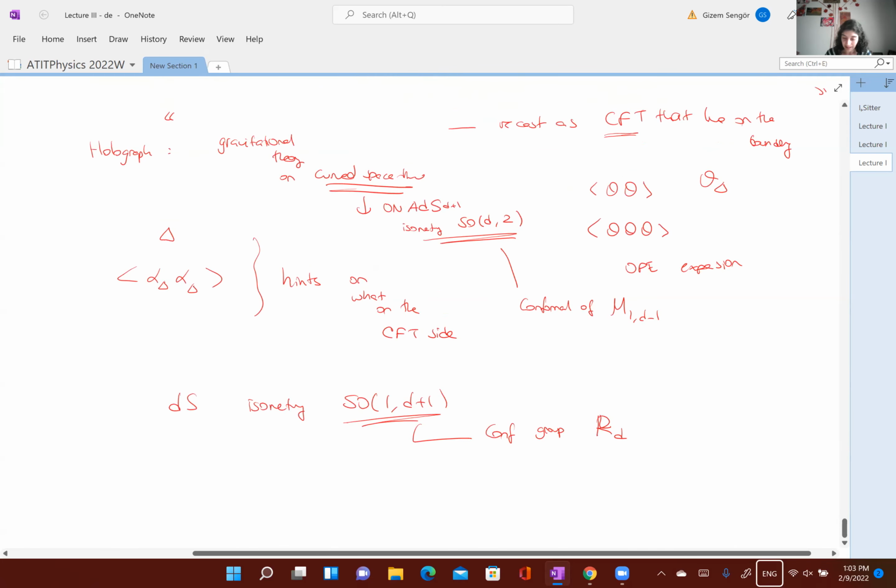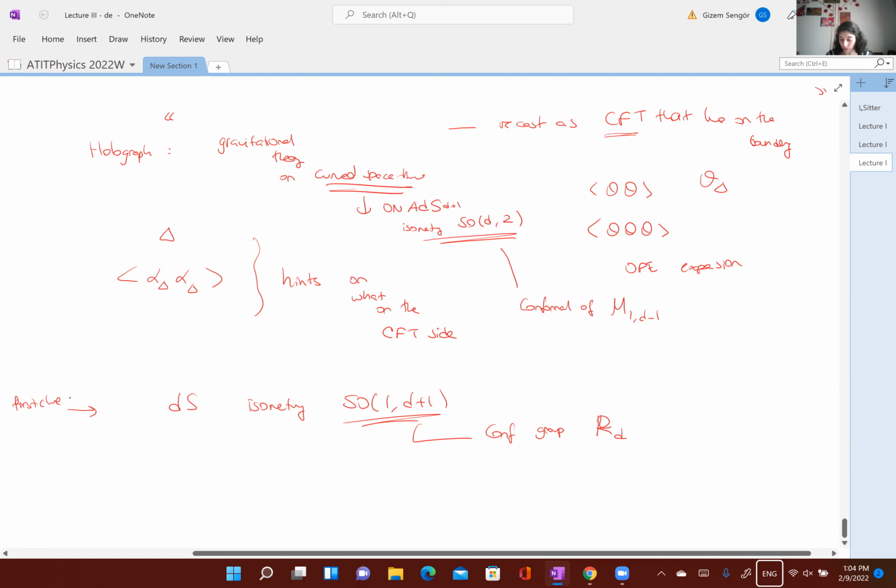Of course, the exact details of holography are much more than just working with the isometry group. You have to also consider the gravitational pieces, the geometry changing. You have to consider all of this. This is why this would just provide a first clue.